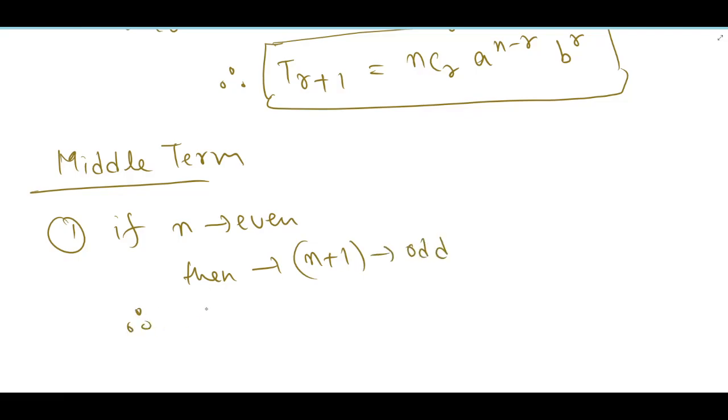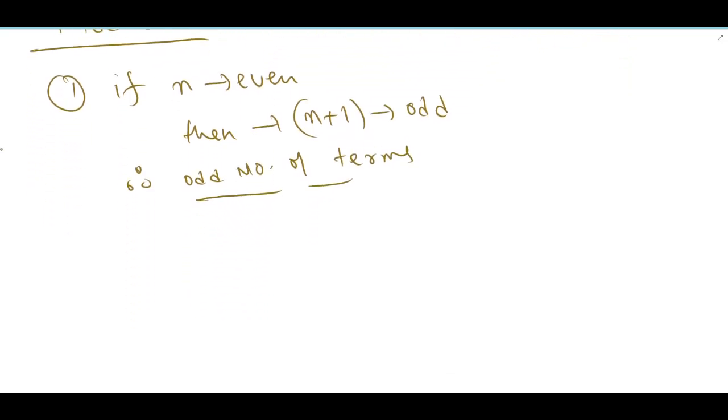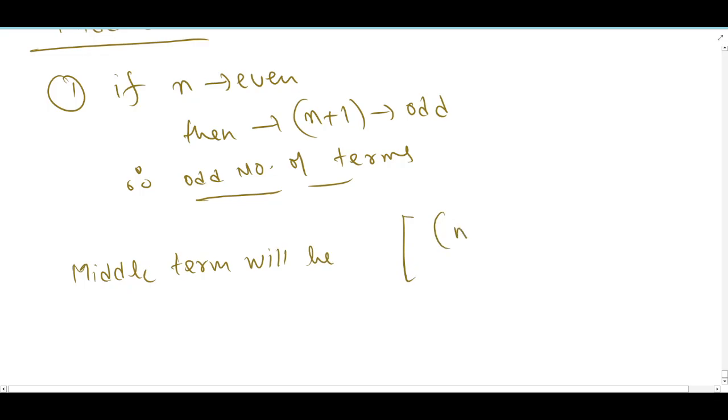Therefore in the expansion of even power we have an odd number of terms, therefore the middle term will be the ((n plus 1 plus 1) divided by 2)th term.